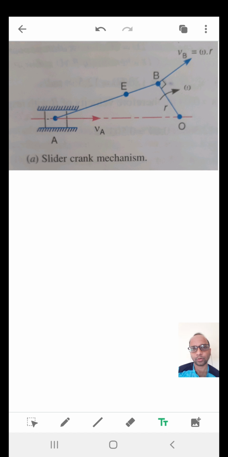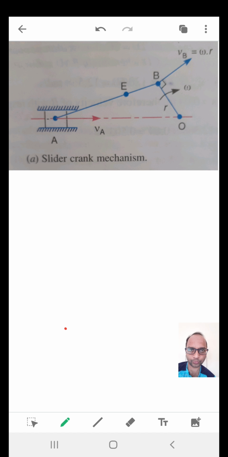So in this particular diagram I start from point O. This is the point O which I have marked, and from this point I am going to draw a vector diagram, the velocity diagram.